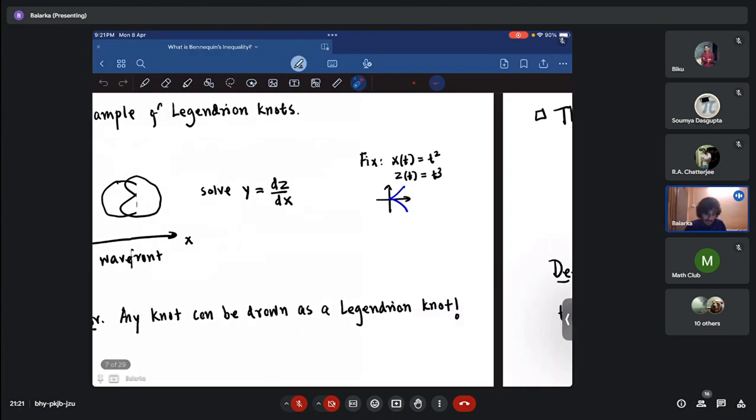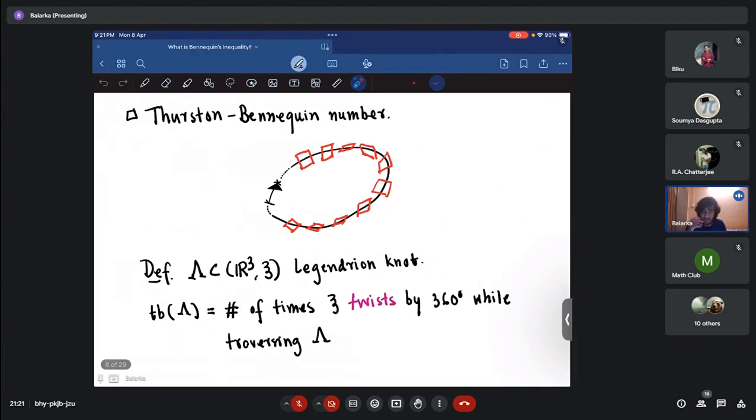That's where these following invariants come in. These are invariants for Legendrian knots, and these distinguish if two Legendrian knots are the same or not. One is the Thurston-Bennequin number. It's quite natural if you follow my analogies. What is a knot? The knot is the aeroplane moving in three-space, following by being tangent to the plane field everywhere, right?